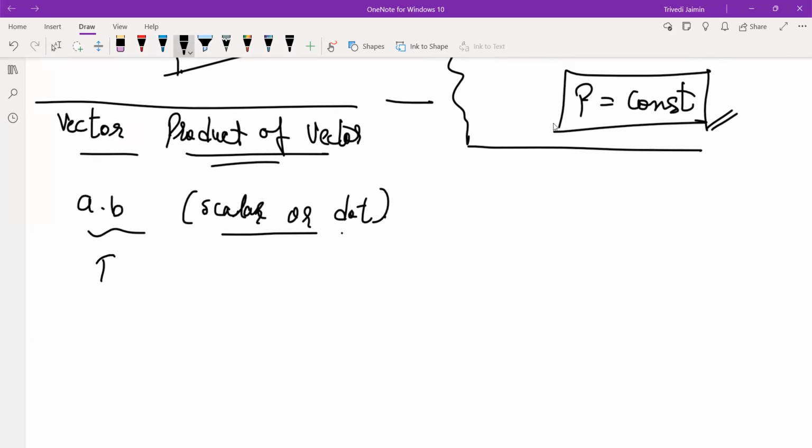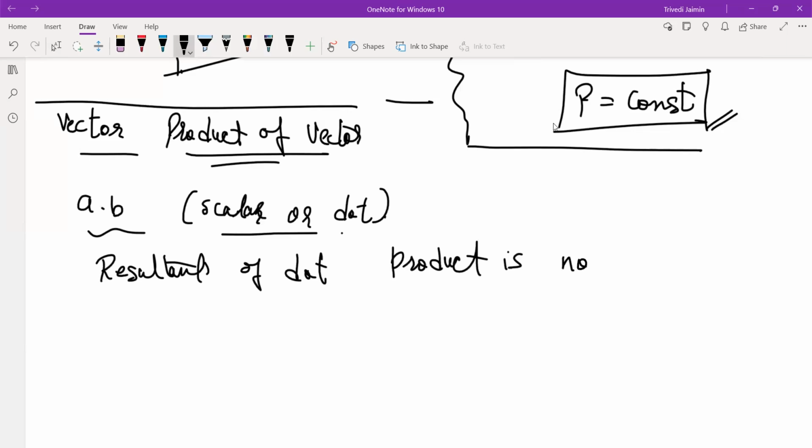So the result of a dot product is not a vector. It's just a scalar, but what does it show? Projection. It is just for projection.